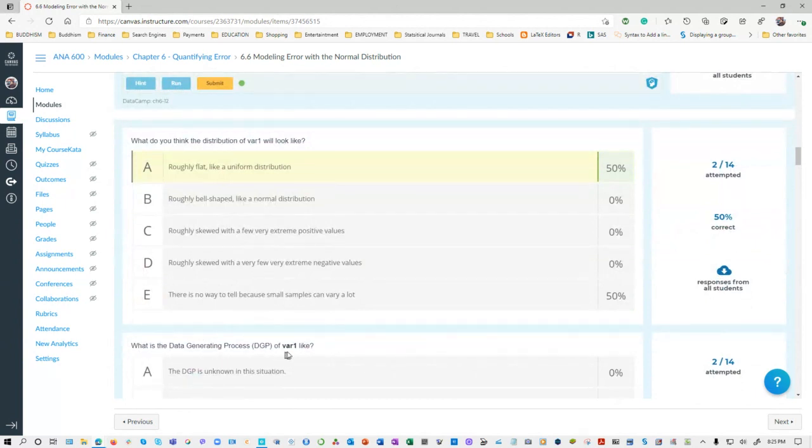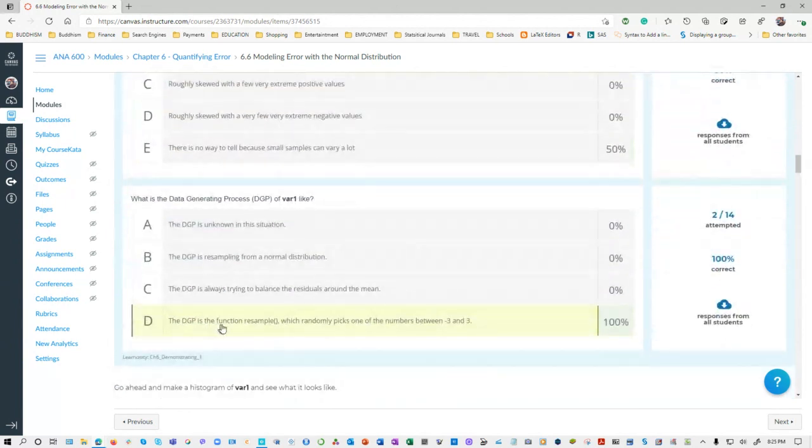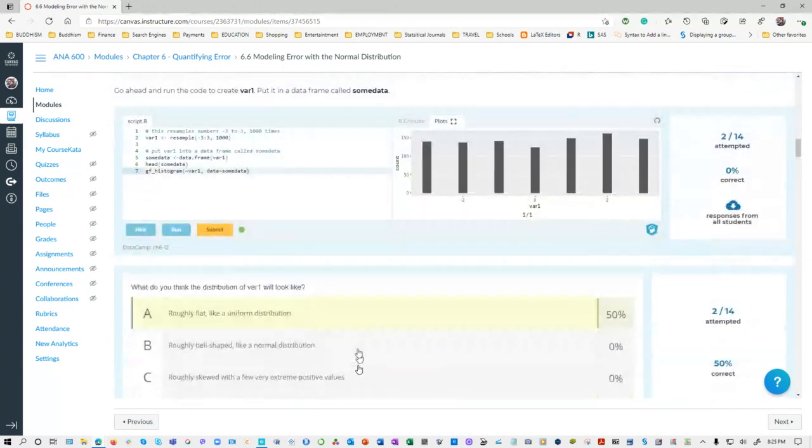What does the data generating process look like? The function resample randomly picks one of the numbers in this range. This is a data generating process. This is how we're going to generate the data from that particular distribution. We don't know the distribution, so we go back and see what kind of population distribution these numbers would fit.